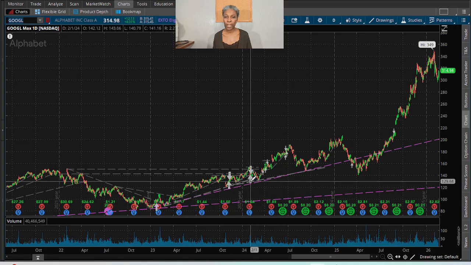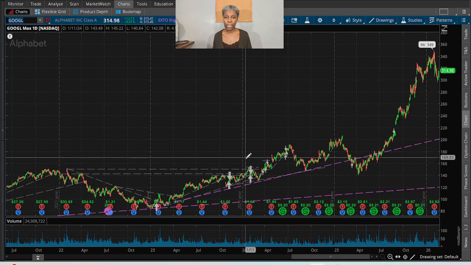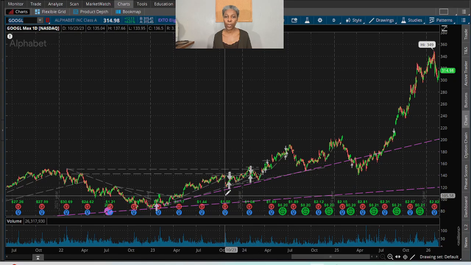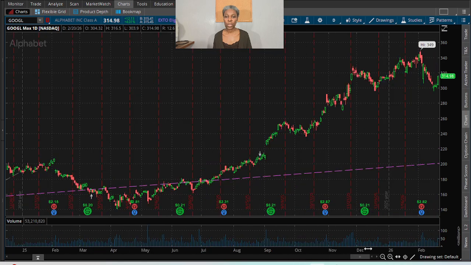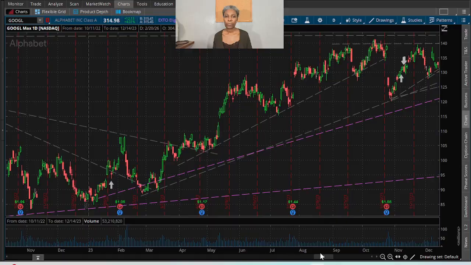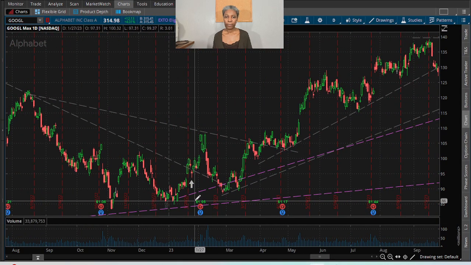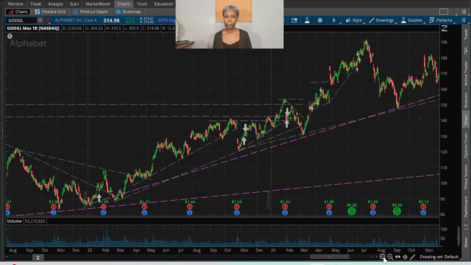And I put Google here because I tested against Google. I don't know if I'll be able to show the arrow properly, but it happened at the end of 2023. So I bought Google around spring of 2023, around January, close to a support line here.